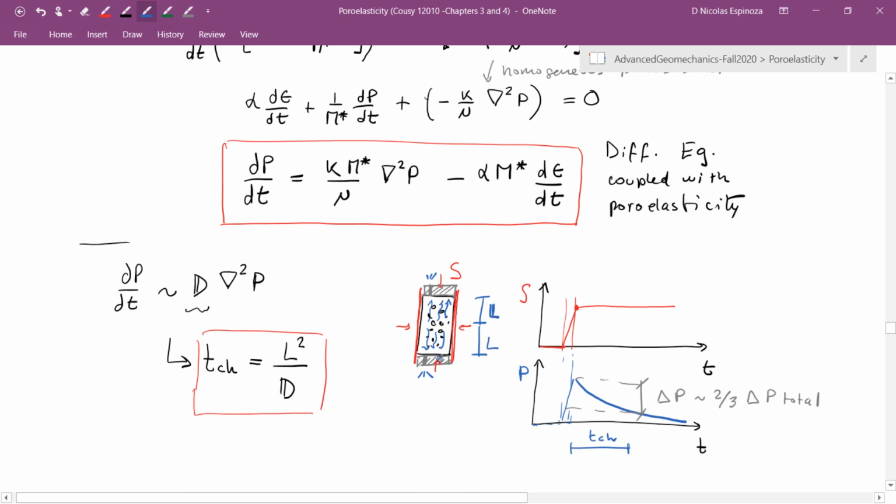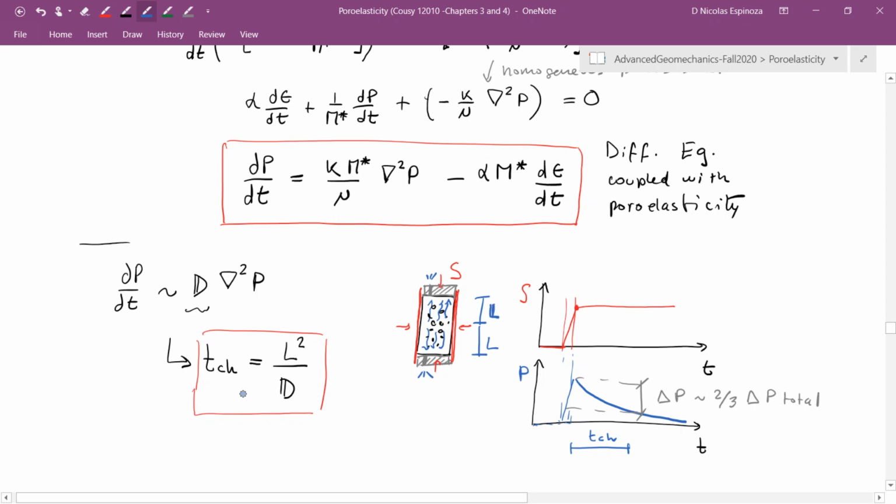If, for example, I had this port closed, then the drainage length will be the entire length of the sample, because the fluid, if it wanted to escape, if this one is closed, would have to go from here to there to this one, which is open. But if we have the two fluid ports open, then the drainage length is going to be half of the total length of the sample.